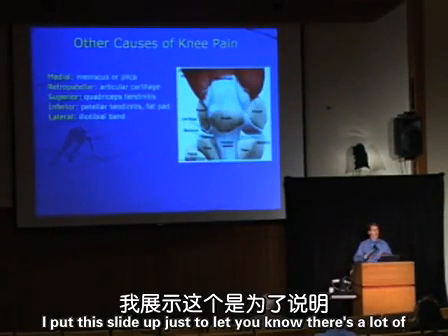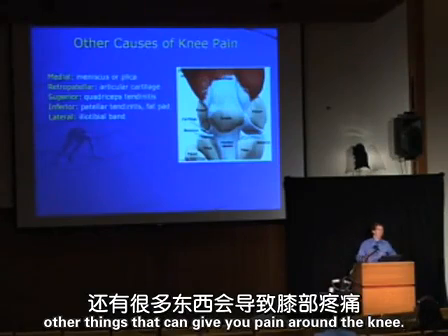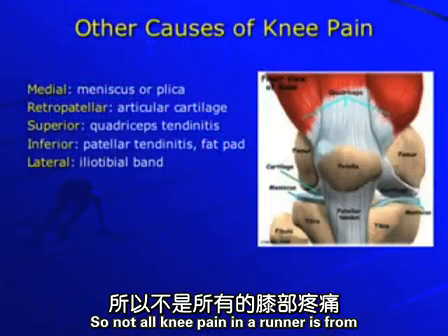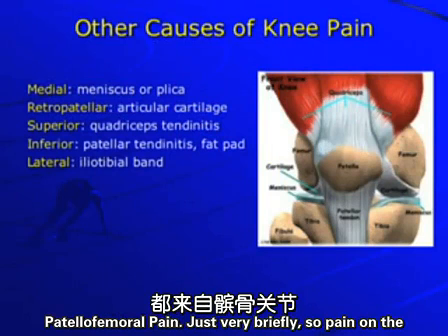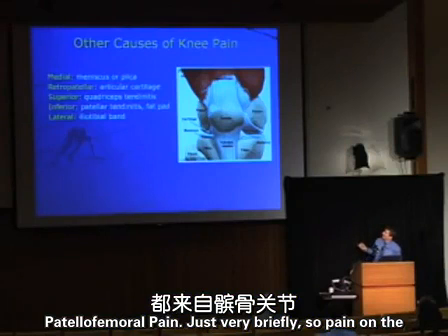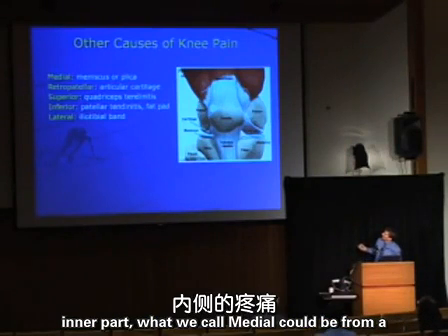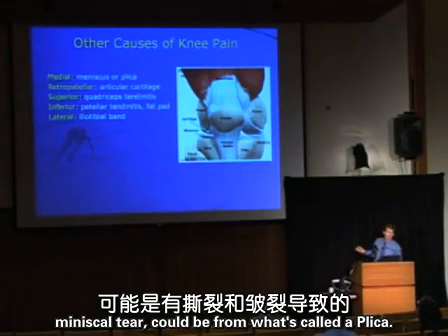I put this slide up just to let you know there's a lot of other things that can give you pain around the knee. So not all knee pain in a runner is from patellofemoral pain. Just very briefly, pain on the inner part, or what we call medial, could be from a meniscal tear. Could be from what's called a plica.